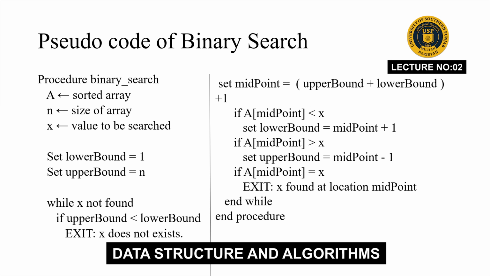Set midpoint to (upper bound + lower bound) divided by 2. If A[midpoint] is less than x, set lower bound equal to mid + 1. If A[midpoint] is greater than x, set upper bound equal to mid - 1. If A[midpoint] is equal to x, exit: x found at location midpoint. End while, end procedure.